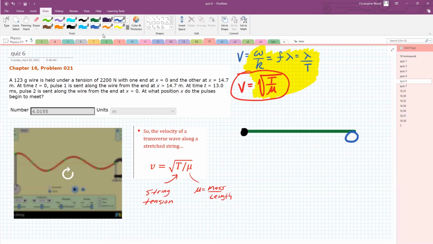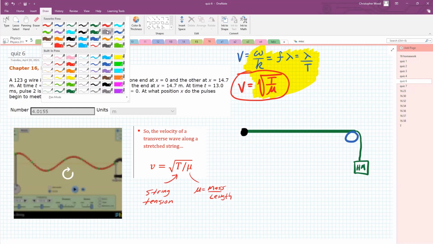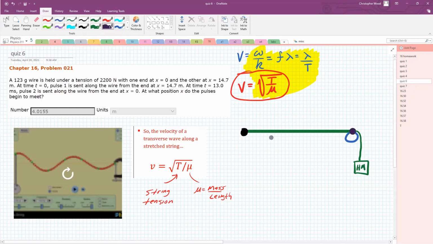And then you'll just have a hanging mass, like that. So this is one way to create string tension. The string we're looking at is bounded between these two points. That's our length of string right there, and that's how you can have it be in tension.